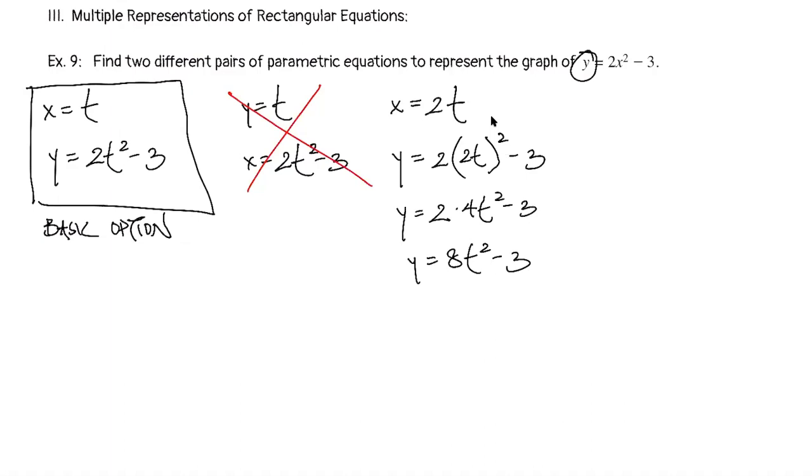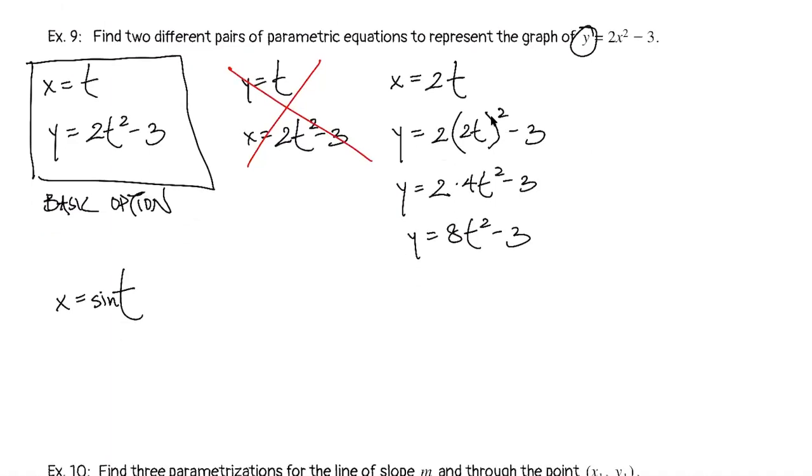What if I said x equals sine t? Let's say that for whatever context I'm working in, the trig might be helpful. How could I create the other parametric equation that goes with this one?